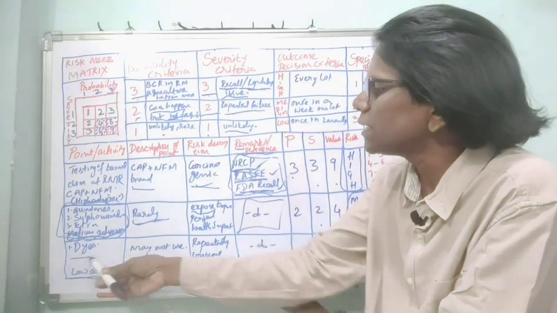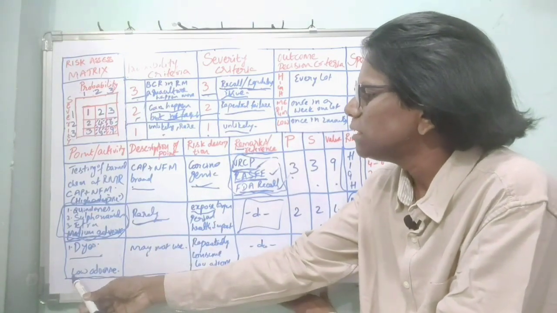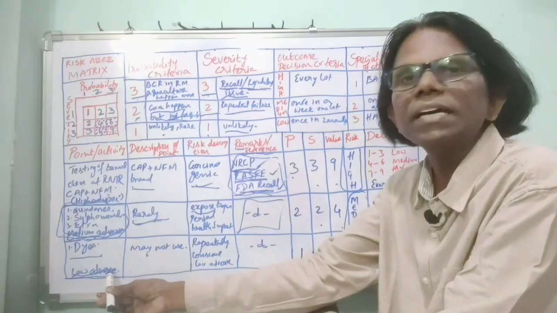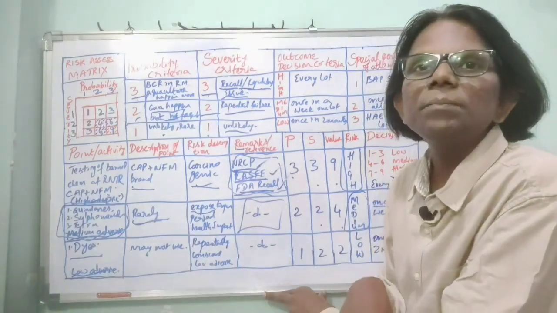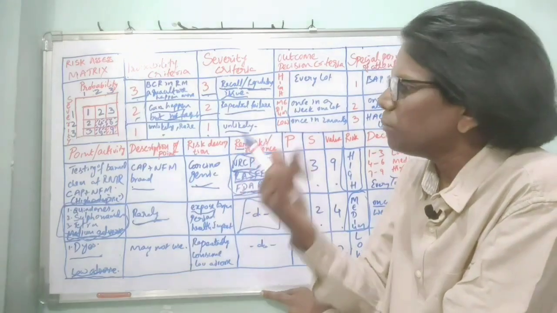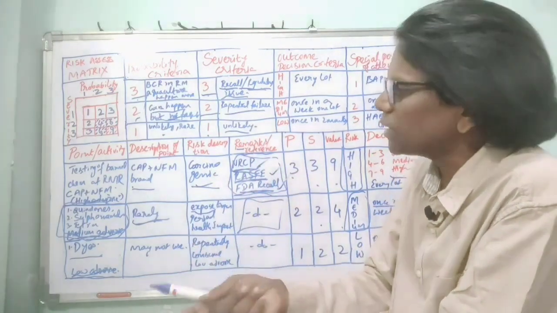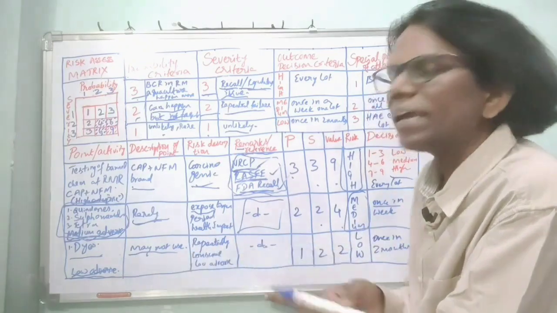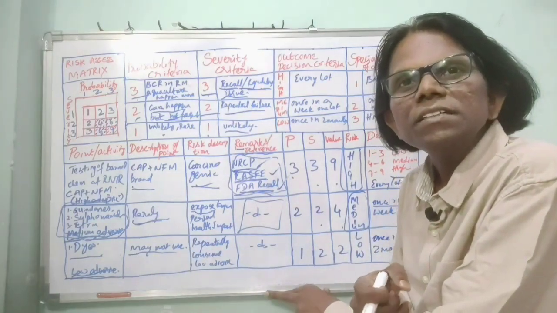And the third category, banned chemicals with low adverse effect, means dyes: crystal violet, leucocrystal violet, malachite green, leucomalachite green. What we have to do? The farmer may not use the dyes.